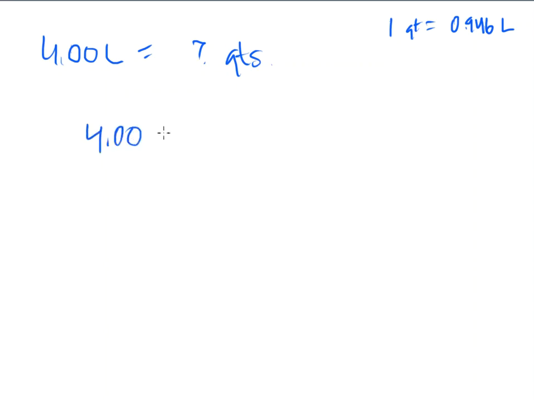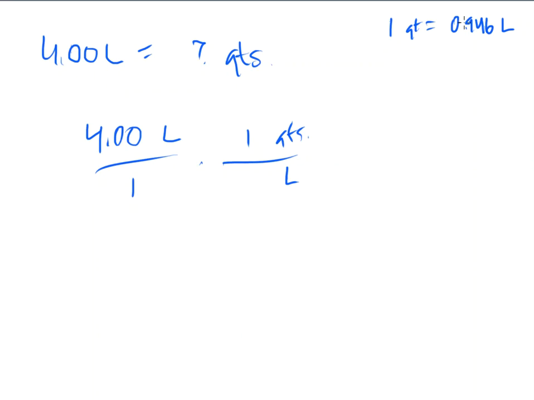I'll take 4 liters over 1, bring in the conversion step, liter on top, liter on the bottom. I need to get to quarts. I've already figured out I can do that directly in one step. I don't need anything else. There's a quart. There's a 1 in front. Here's a quart, so there should be a 1 in front.